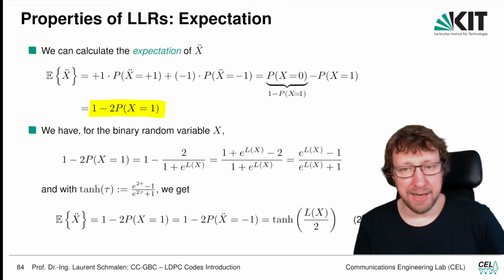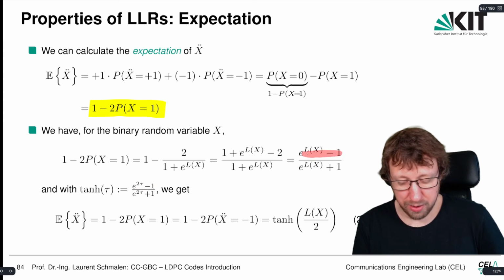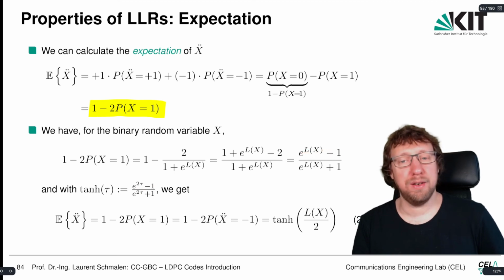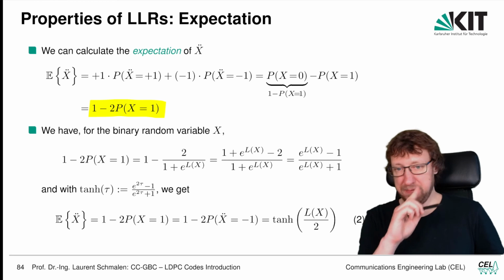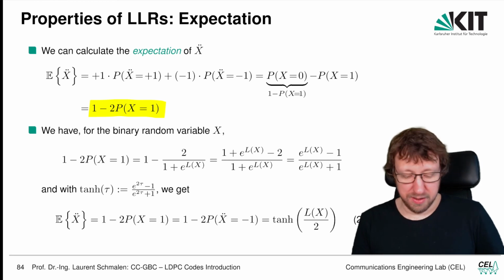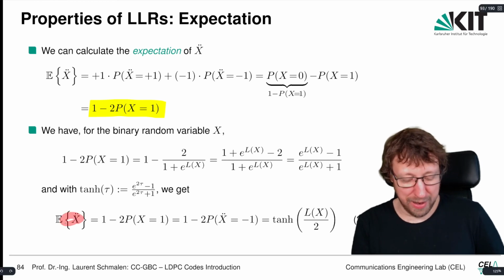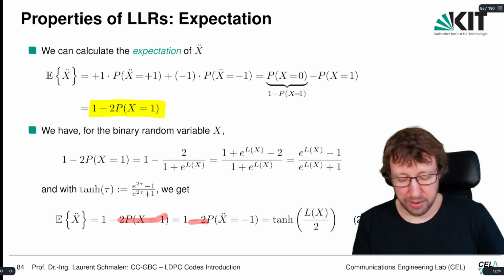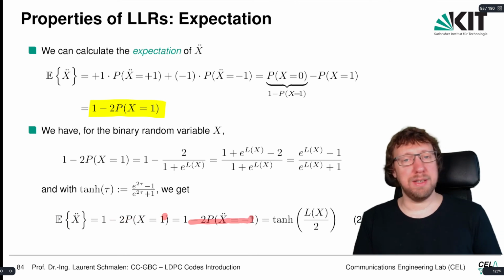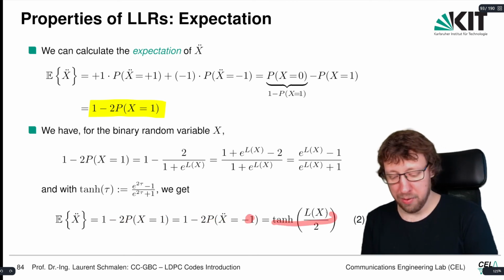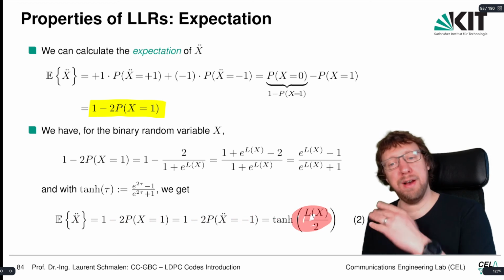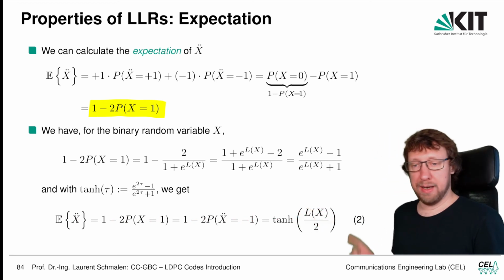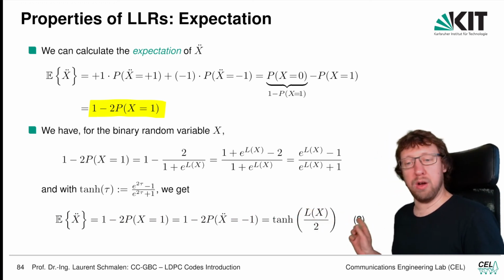So we can say that this is the hyperbolic tangent of L divided by 2. So the expected value of x double dot, which is 1 minus 2 times the probability that x is 1, or 1 minus 2 times the probability that x double dot is equal to minus 1, is the hyperbolic tangent of Lx divided by 2. And this is something that we're going to need later on.